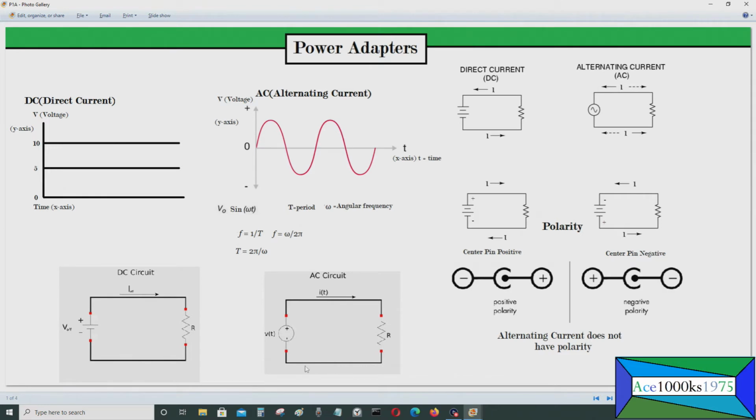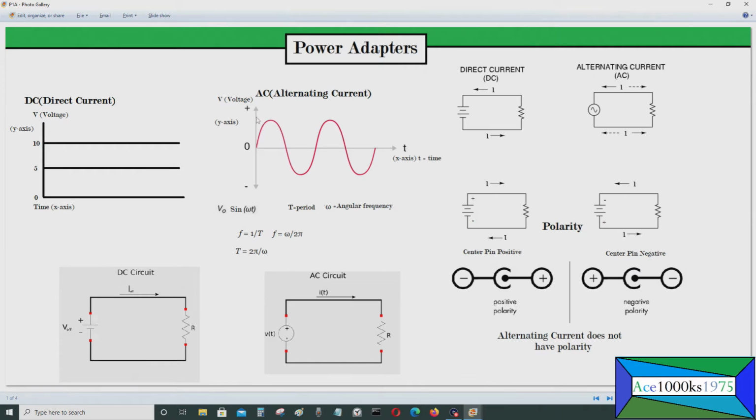So the way you could graph this out is on a graph where the y-axis is the voltage, just like we had here, the vertical axis, and the horizontal axis, the x-axis, is time, again, except it's a little bit different. We have to use a sine wave, a sinusoidal wave, to get that.